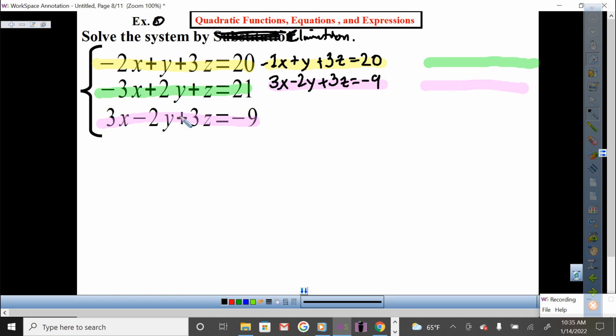So I use this one and that one, yeah? Over here I write negative 3x plus 2y plus z equals 21. And again, 3x minus 2y plus 3z equals negative 9.